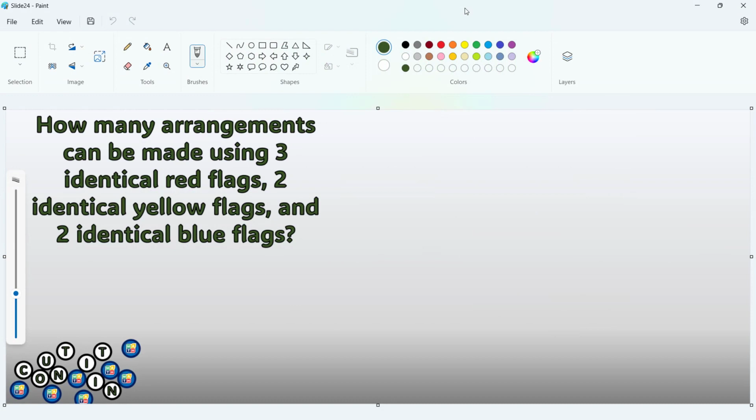How many arrangements can be made using 3 identical red flags, 2 identical yellow flags, and 2 identical blue flags? We are assuming here that we are going to place all these flags in just one row, and we have a total of 7 flags. However, take note that our flags here are only differentiated by 3 colors, and for each color, they are actually identical.